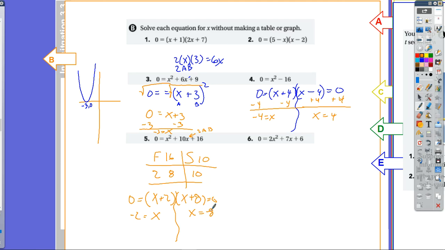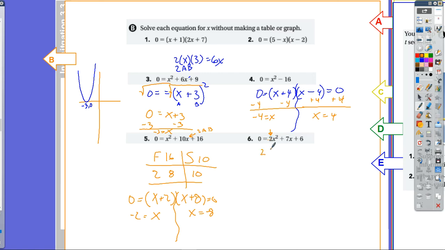Finally, for number 6, there's an a value bigger than 1. I hate it when that happens. Well, that means we are going to have to do a possible factor sum table. So, all right, here's how I do it. I'm going to write 2 as a factor pair.